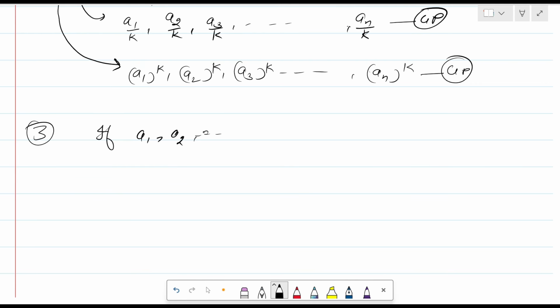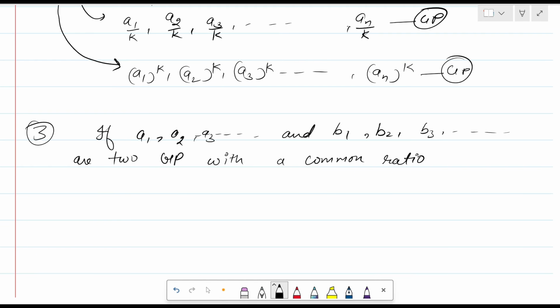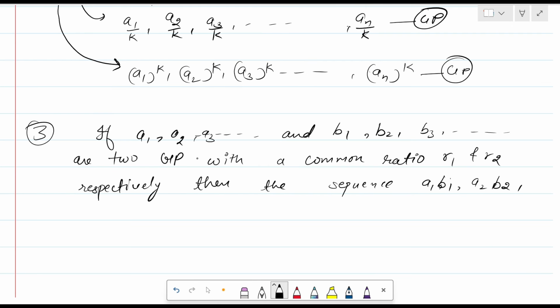If A1, A2, A3, and so on, and B1, B2, B3, and so on are two GPs with common ratios R1 and R2 respectively, then the sequence A1B1, A2B2, A3B3, dot dot dot, AnBn, dot dot dot, obtained by multiplying the corresponding elements of these GPs, is also a GP.